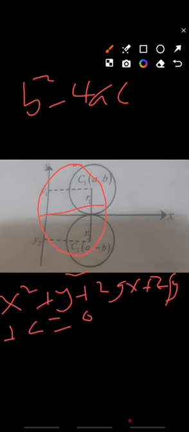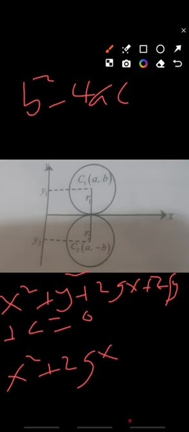In dealing with the x-axis, we deal with the quadratic function on the x-axis. In this case, it's x squared plus 2gx plus c is equal to 0.